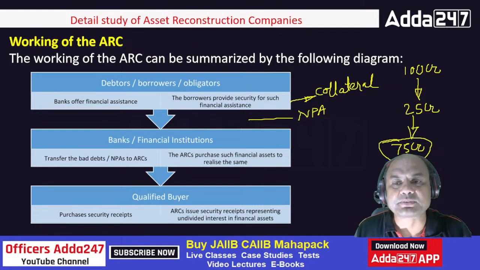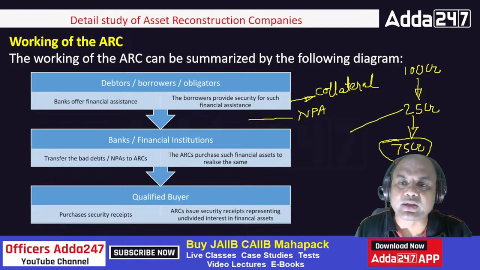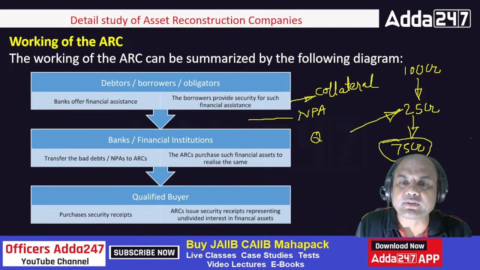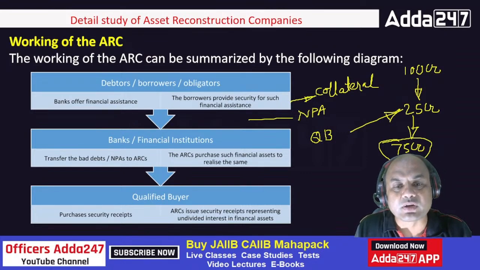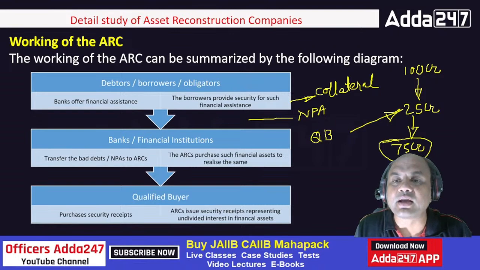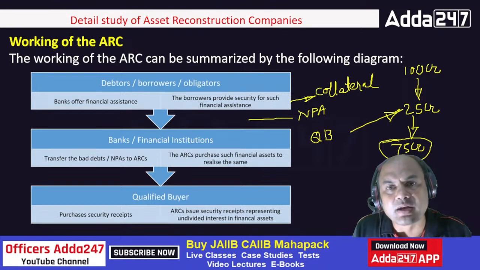Now the third step is the qualified buyer purchasing the security receipt. This company requires 25 crores to purchase this asset. Who pays that? That is given by this QB, qualified buyer. ARC issues a security receipt representing undivided interest in the financial asset. What do you mean by undivided interest?